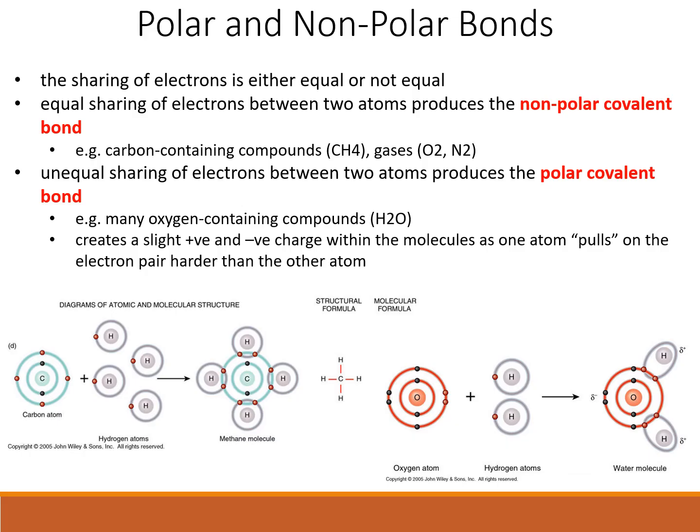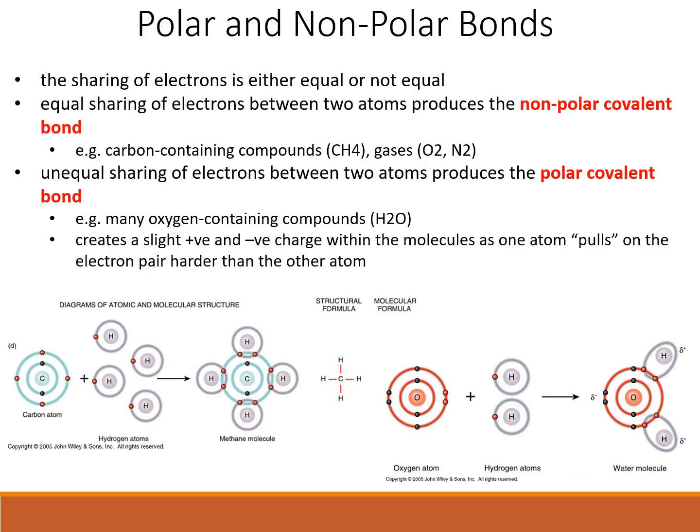The unequal sharing of electrons between 2 atoms produces the polar covalent bond, and a lot of oxygen-containing compounds will have polar covalent bonds. The thing about the polar covalent bond is the unequal sharing creates a slight positive and negative charge within the molecule, as one atom pulls harder on an electron pair than the other one.